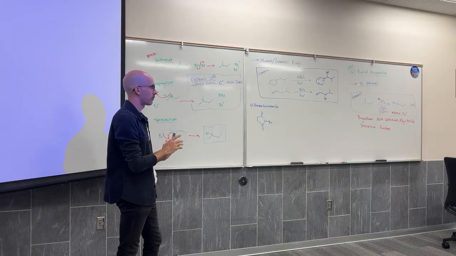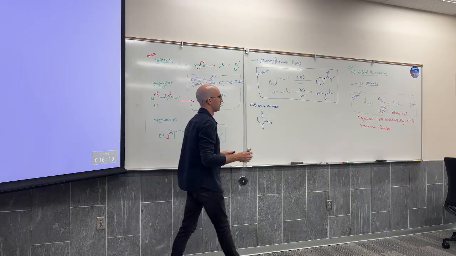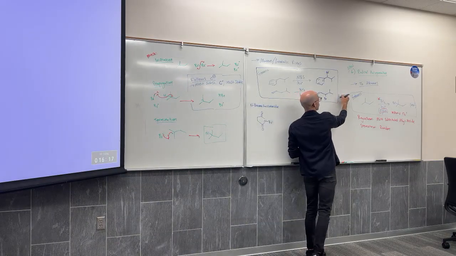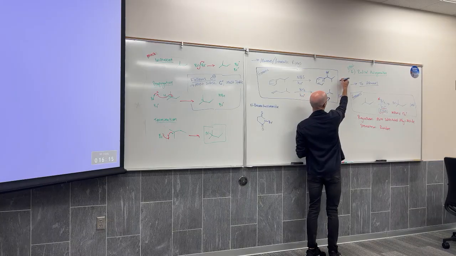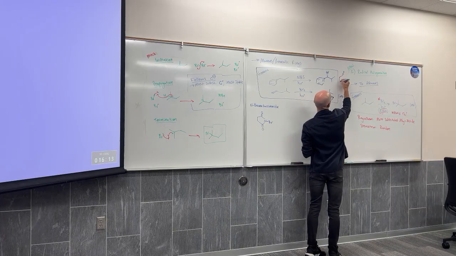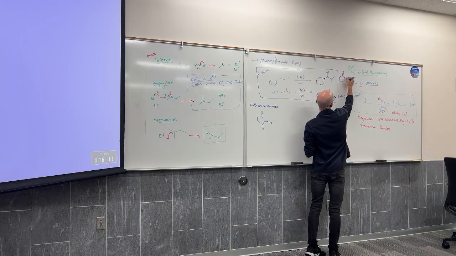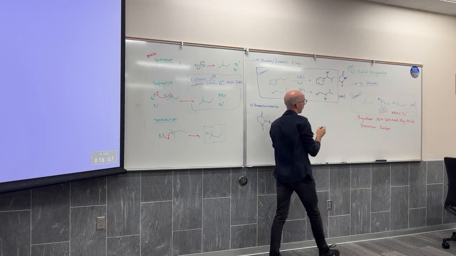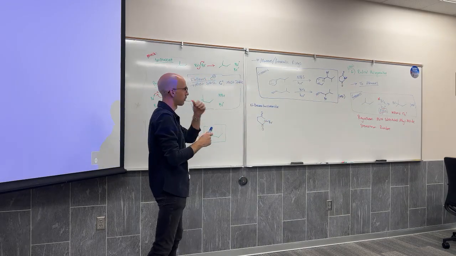If we want to look at the byproducts that form here, of course, anytime you use Br2, one of your byproducts is HBr. But if you're using NBS, then the byproduct is simply this amide that forms, or this diamide that forms.